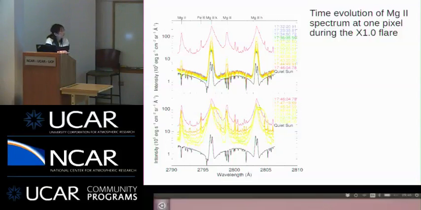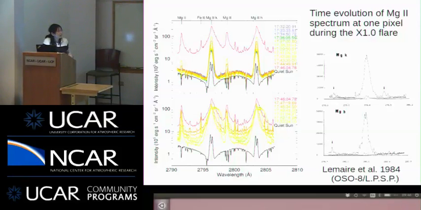And we also see the subordinate lines, and some iron lines also go from absorption to emission in the flares. The lower panel shows the spectra after the peak, and we can see there is a great red asymmetry at this time.